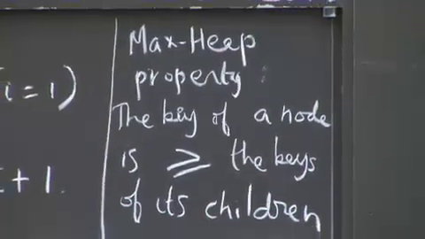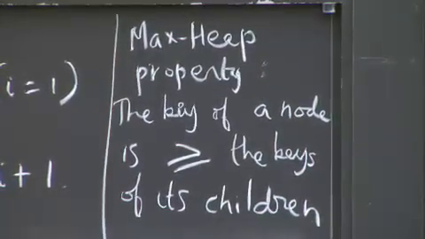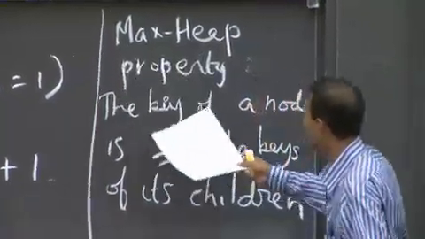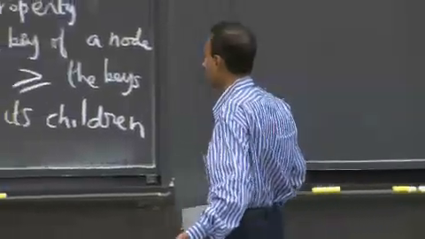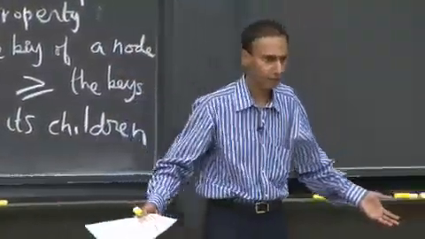Okay, that's it. It's obviously recursive in the sense that you have to have this true for every node in the tree. And when you get down to the leaves of the tree, they're not children corresponding to the leaves, so that's a trivial property.